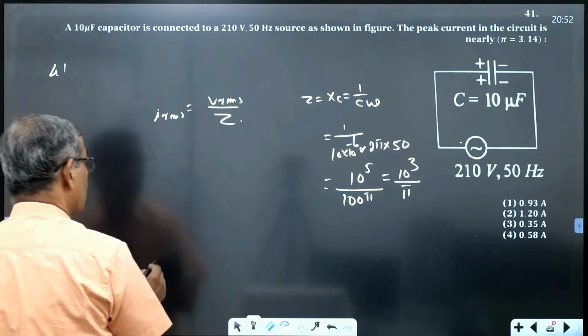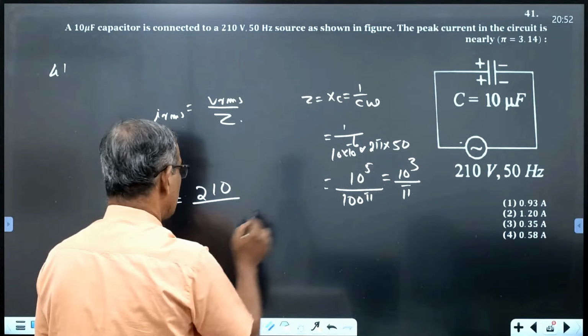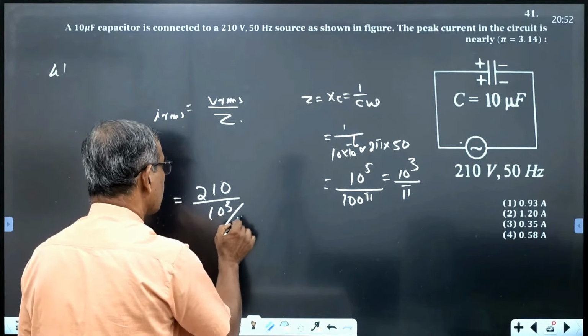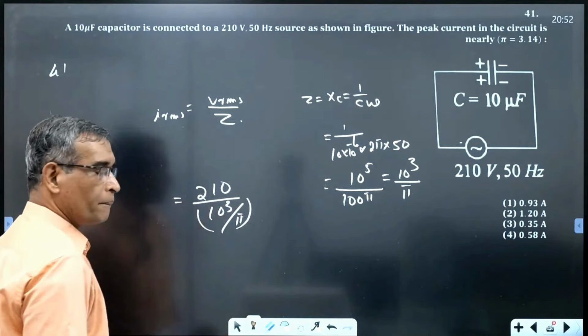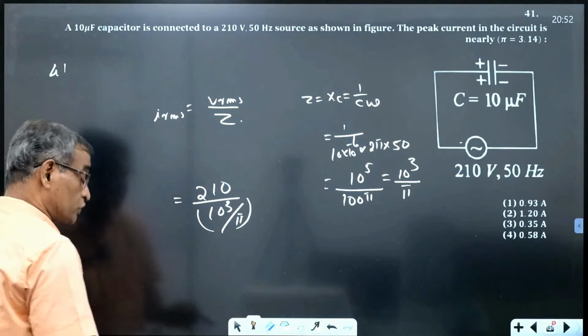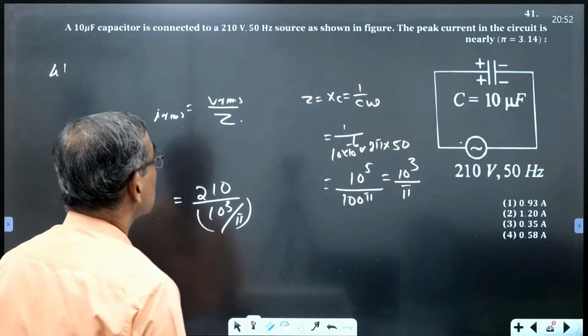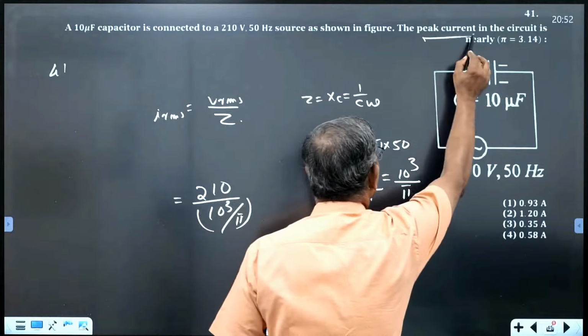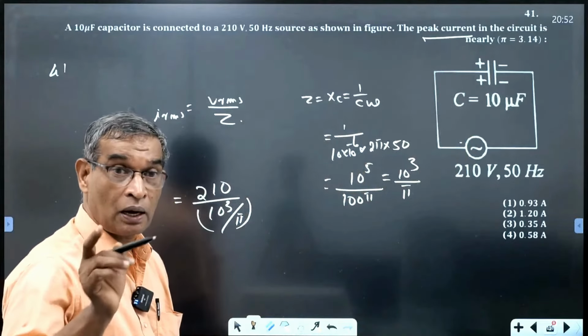Now the question is I RMS. Substituting, V RMS is equal to 210 by the Z value, 10 raised to 3 by pi. This is I RMS. But the question asks for the peak current, I0.